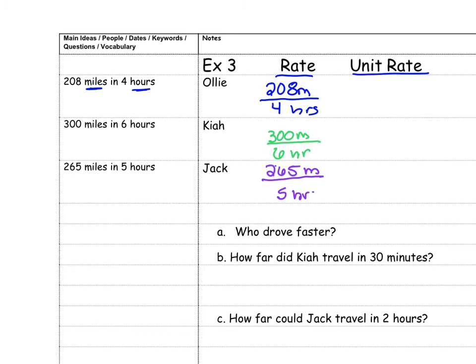And remember, for all of these, our unit rate is per 1 mile. No, per 1 hour. So we're looking for per 1 hour, miles per hour.